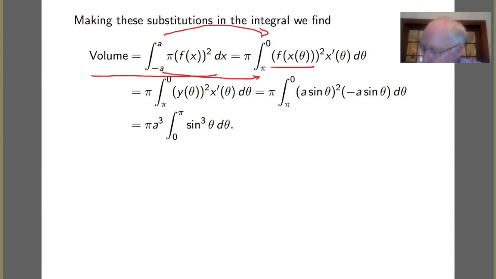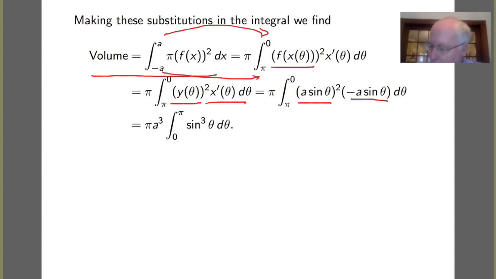Remember f of x of theta, since y is f of x, this is just y of theta, all squared, and then again the x prime of theta d theta. And y of theta was a sine theta, as we saw from the introductory equations, and the x prime of theta we saw was minus a sine theta.